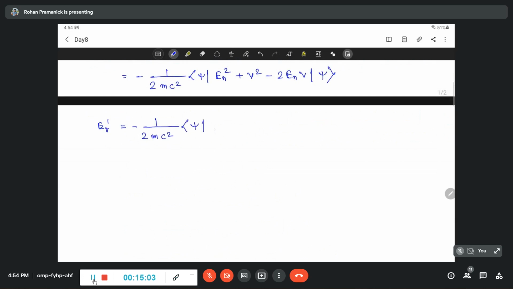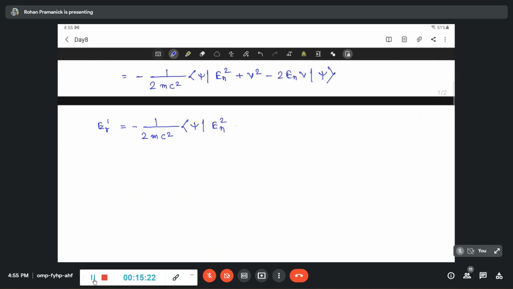This E n we keep as E n, because this is the thing we will always try to keep, and we'll find perturbations in terms of E n, so that we can compare how much larger or smaller the correction is with respect to the original exact E n squared.